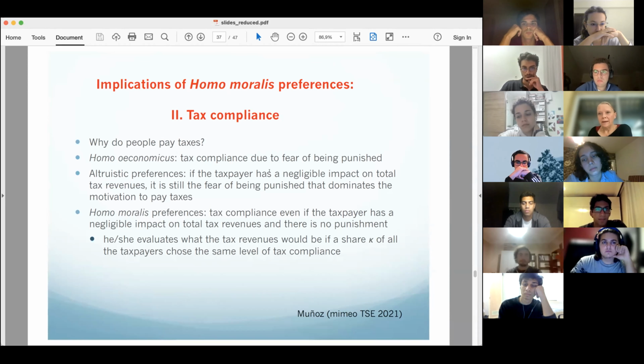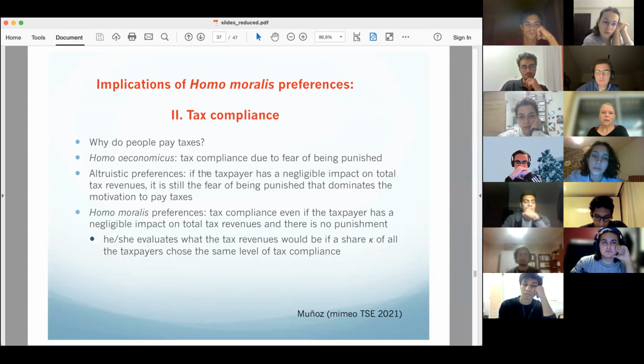And I know that some money disappears in the bureaucracy. So maybe I will pay taxes, but only if I fear being punished. This altruistic drive cannot generate tax compliance if the taxpayer has a very negligible impact on the total tax revenues.